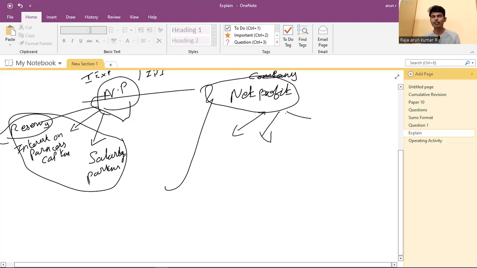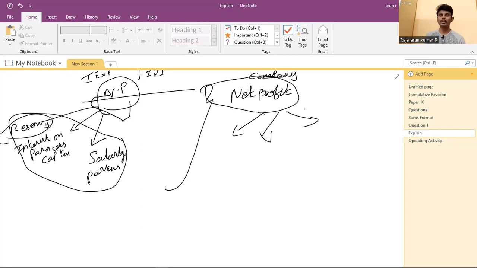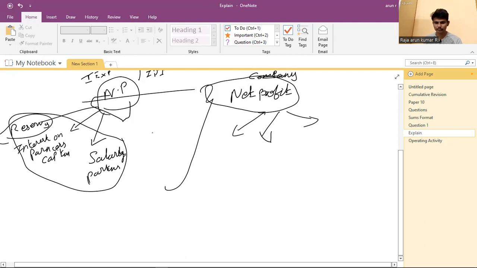The company gets its sources of funds from shares. To the shareholders they return dividend.